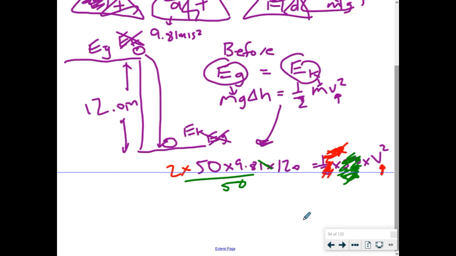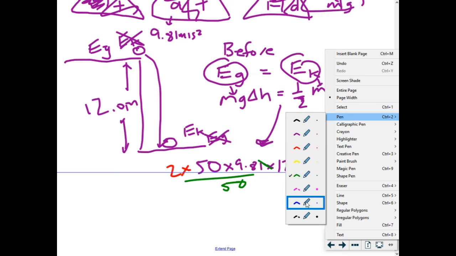And then the last step of our algebra, we need to get rid of the fact that it's squared. Squaring is undone by square rooting.